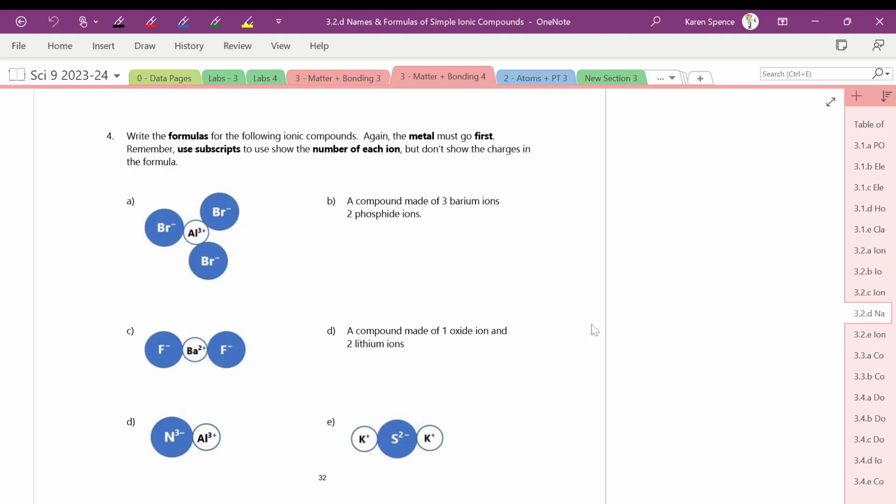Beautiful. And then this one, once again, right over there, because this is a different question. Okay. Okay, and now you're going to say, I need a compound made of 3 variants.